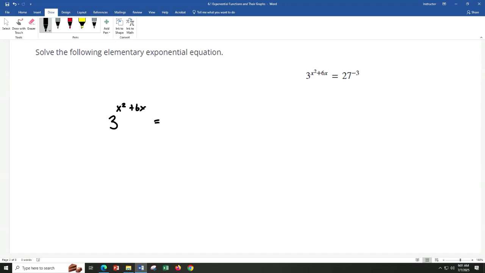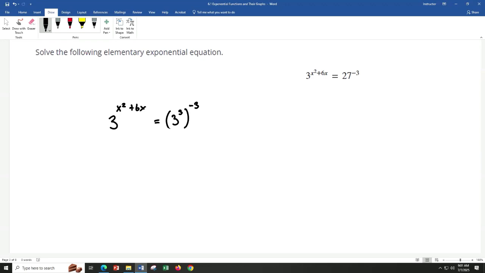You know what I can change that 27 into? 3 cubed. Very good. Don't forget to put parentheses around it. 3 times -3 is just going to give me what? -9.